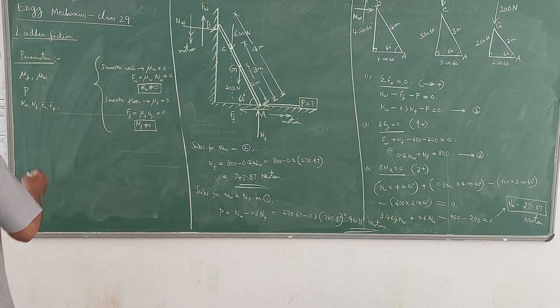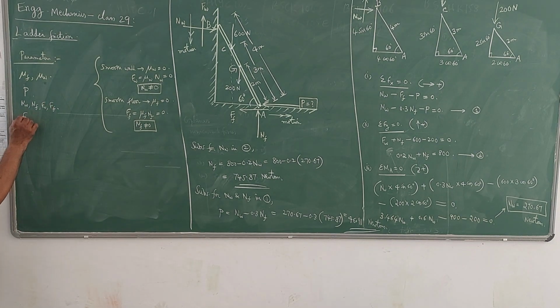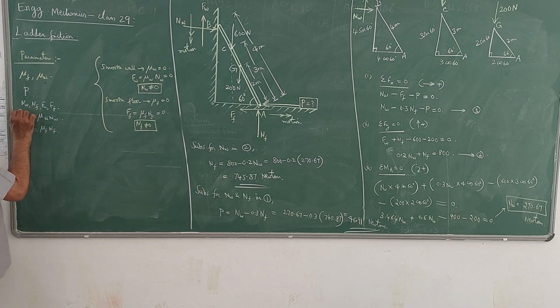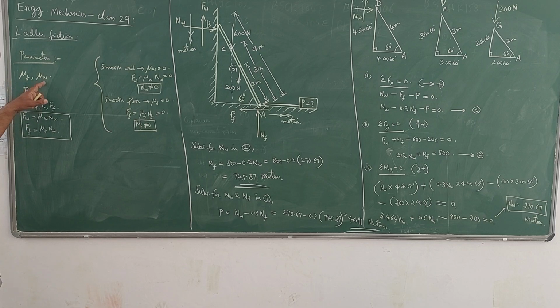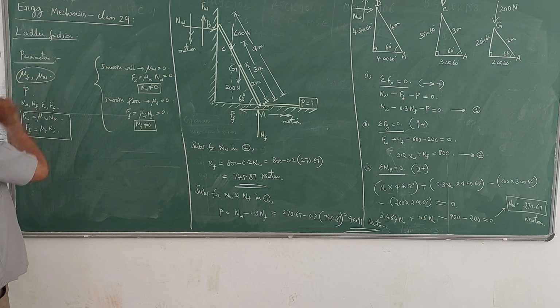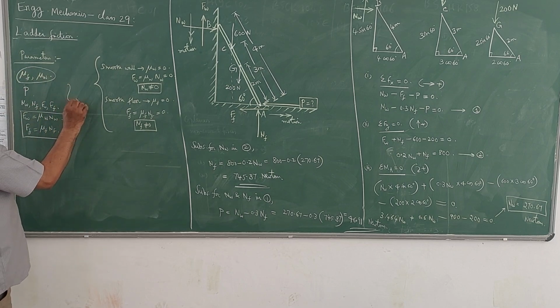Of course, there is a relationship between these: Fw is mu W into Nw, Ff is mu F into Nf. So these two are already known. Therefore, among these you have 6 here. Out of 6, if you find out only 4, the other 2 you can find out easily. So you can avoid any 2, and finally it becomes 5 here.